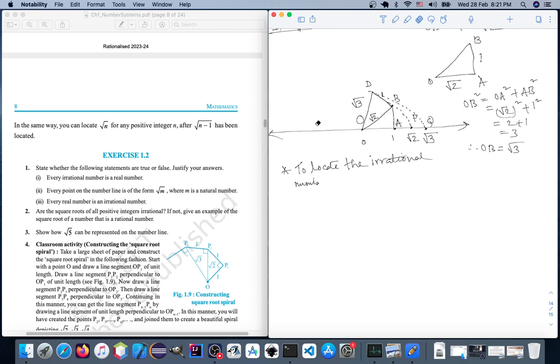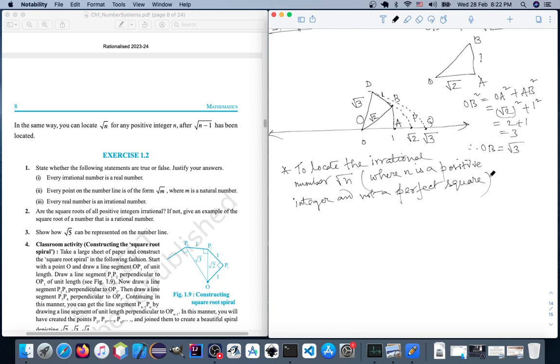So we can say, to locate the irrational number root n, where n is a positive integer and not a perfect square.